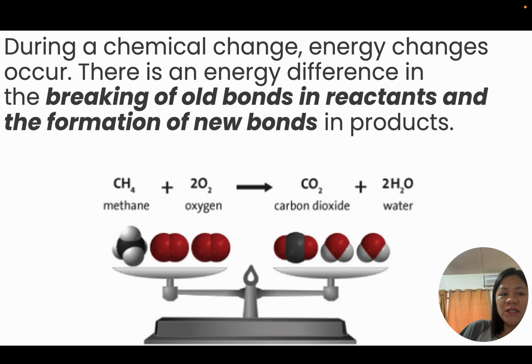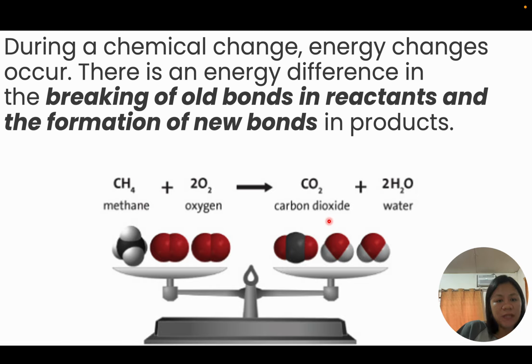So during a chemical change, energy changes occur. There's an energy difference in the breaking of old bonds in the reactants and the formation of new bonds in the product. So in here, as you can see, we have our methane, and we added two molecules of oxygen.